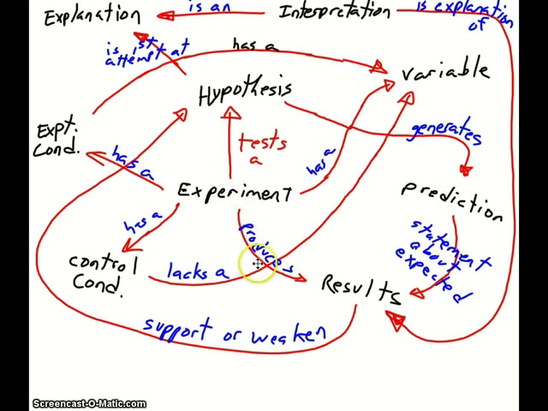An experiment produces results. Results support or weaken the hypothesis. A hypothesis is a first attempt at an explanation. A hypothesis generates a prediction. A prediction is a statement about expected results.